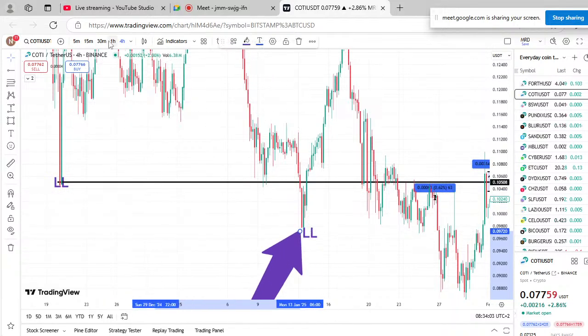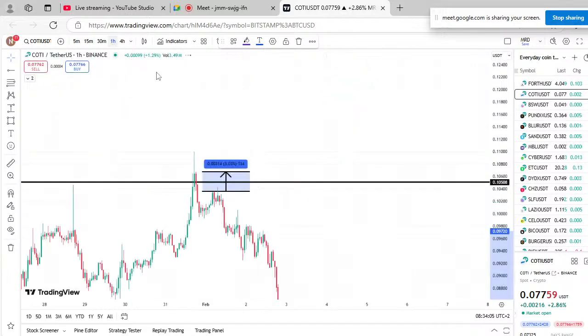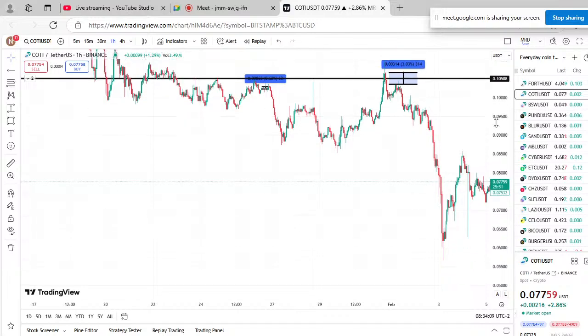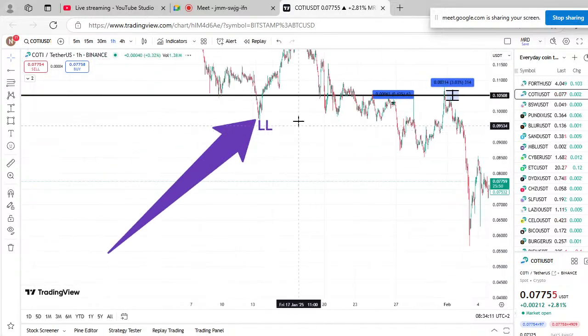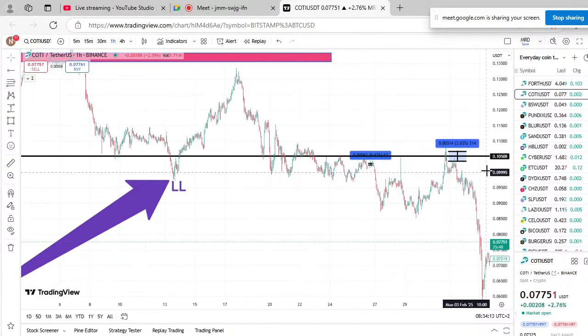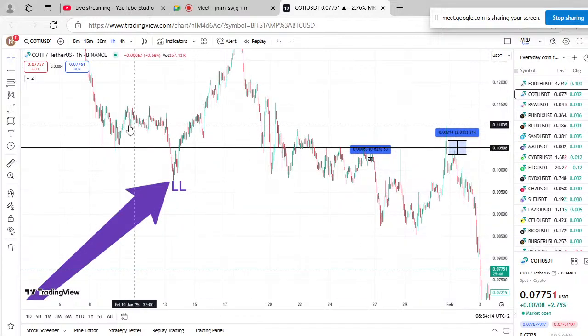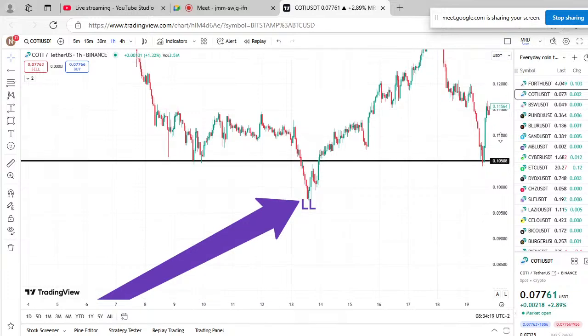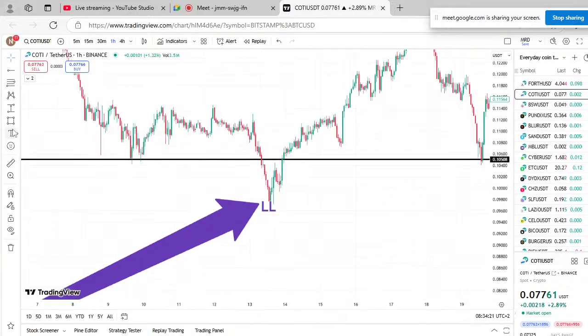Now, for the other entries, you can switch to the 1 hour time frame, and you can look at the new entry in time. Now look at this. This is 1 hour, so on 1 hour you can simply enter the market in time.